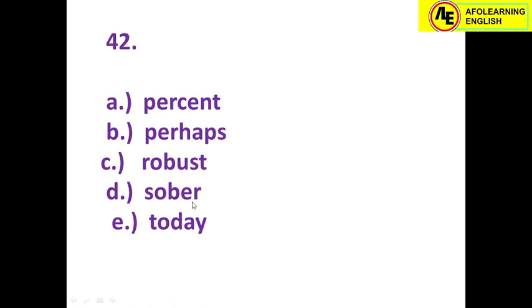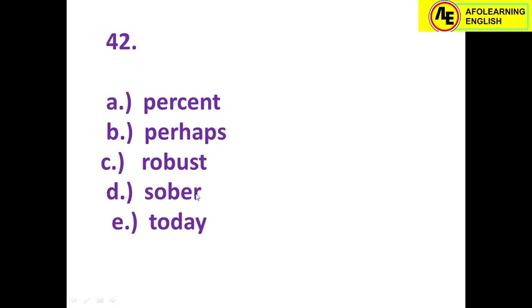Sober. The primary stress is on the first syllable here, because here we have a schwa sound. The O here is a schwa sound. And like I said, the schwa sound is a weak sound, so it cannot carry any stress. So the primary stress is on the first syllable. So this is definitely the correct answer.